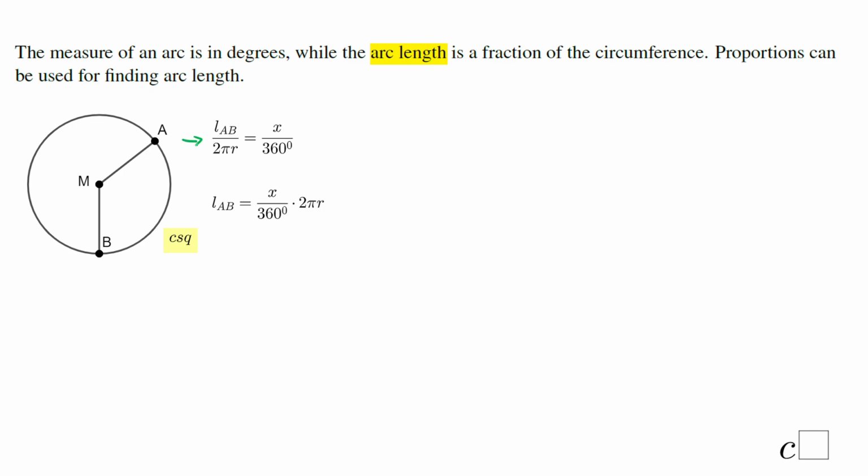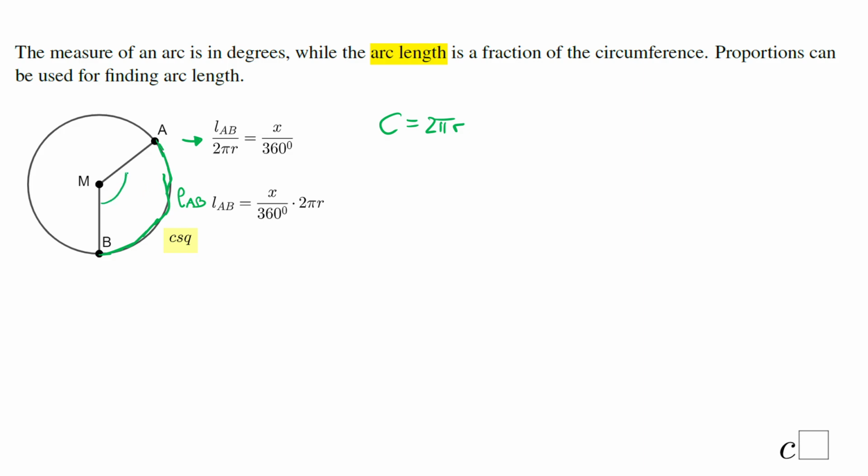This one uses a proportion, where I said the length of arc AB is a part of the whole circle. For that reason I wrote this proportion, the length of arc AB over 2 pi r, which is the circumference.